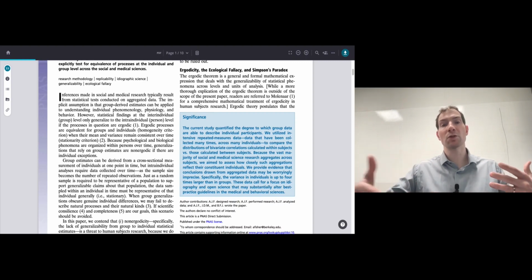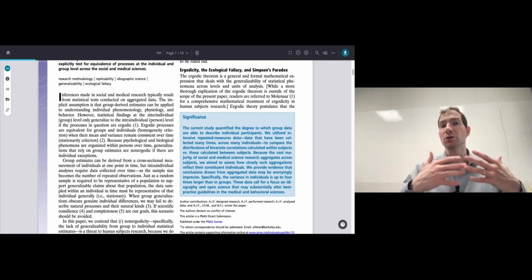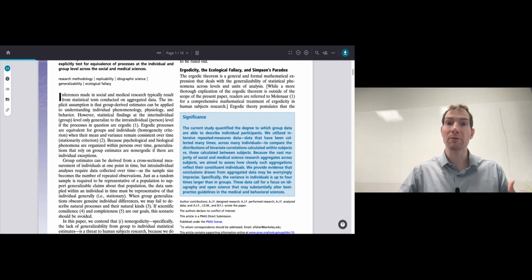Sometimes there is also a time component: if you do, let's say, a procedure or some kind of drug that is taken on a regular basis over time, there is a time component to it. And you want to know how this time component can be analyzed independently from the cohort one. But usually in practice, they put them together in some kind of mixed fashion, and then it's difficult to tell what's going on.